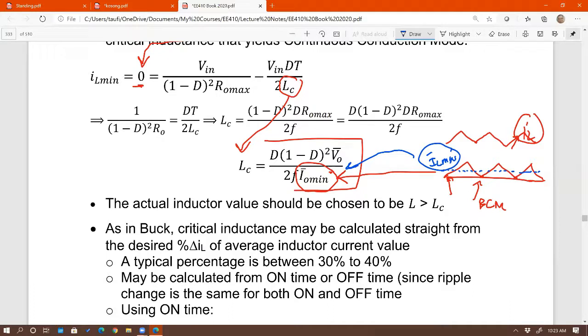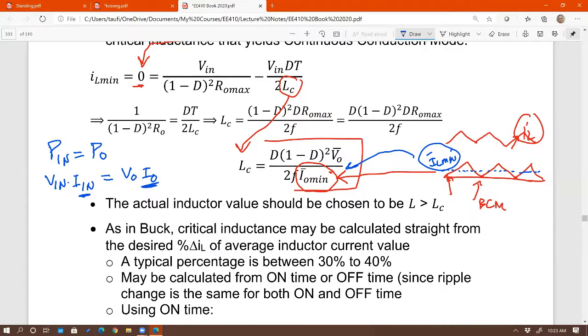Wait, sorry, can you say that last line again? How do we get I out min from IL min? We got it from the equation of P in is equal to P out. So P in is equal to V in, I in, just like the previous derivation I did, which is equal to V out, I out. You can see the relationship there.